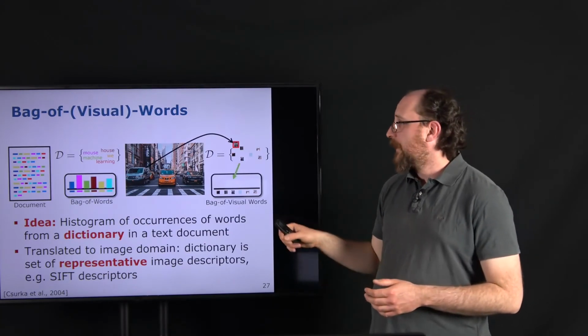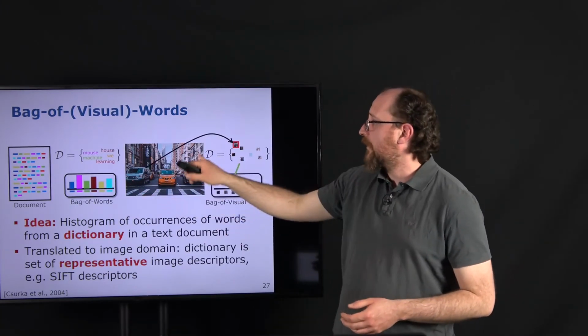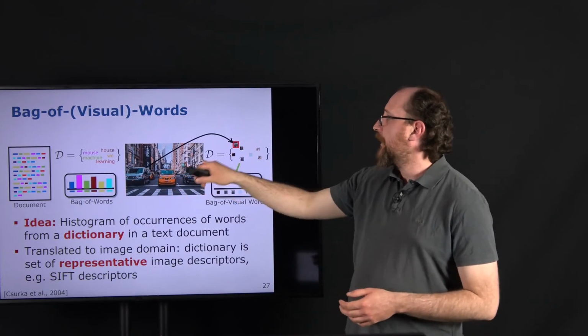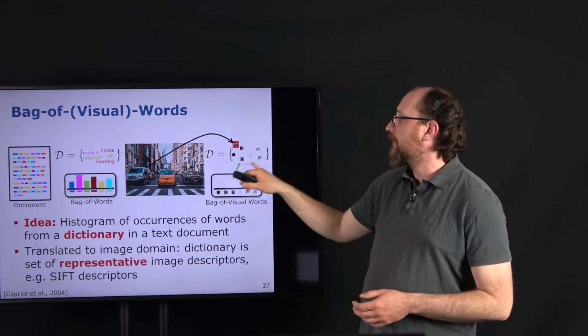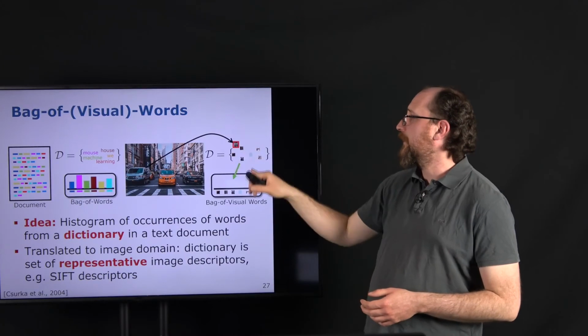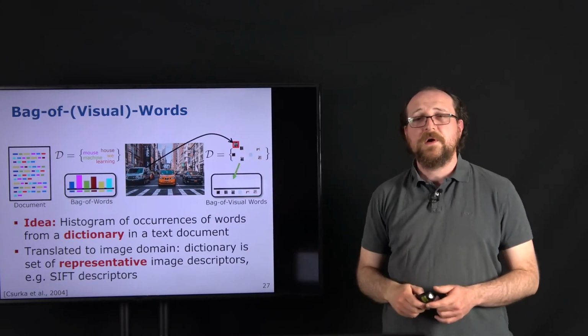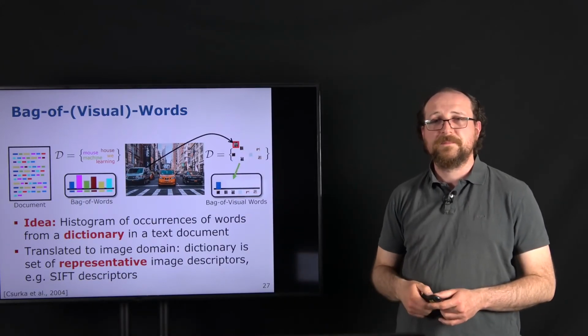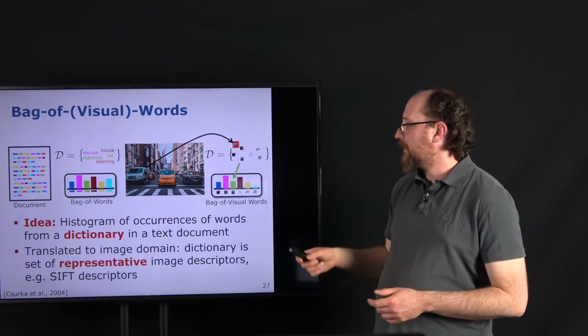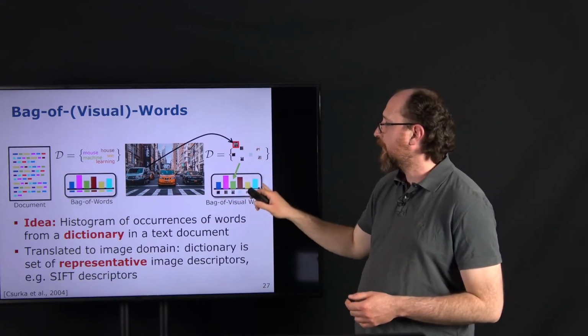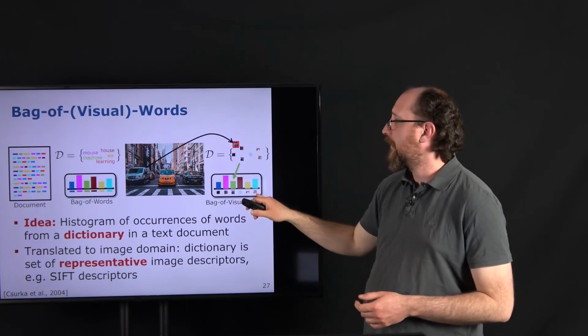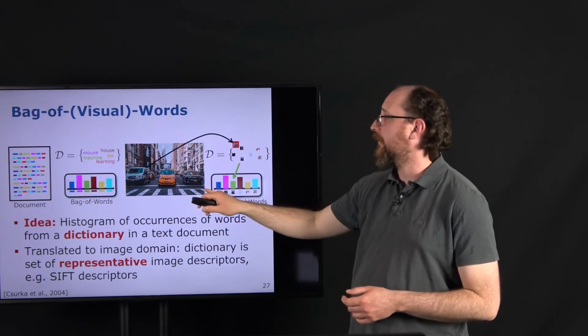That means we extract the descriptors densely over the whole image, compare each descriptor with the dictionary, and for the closest one we increase the count of the histogram entry. This results maybe in this histogram, which gives us a pretty good representation of the whole content of the image.